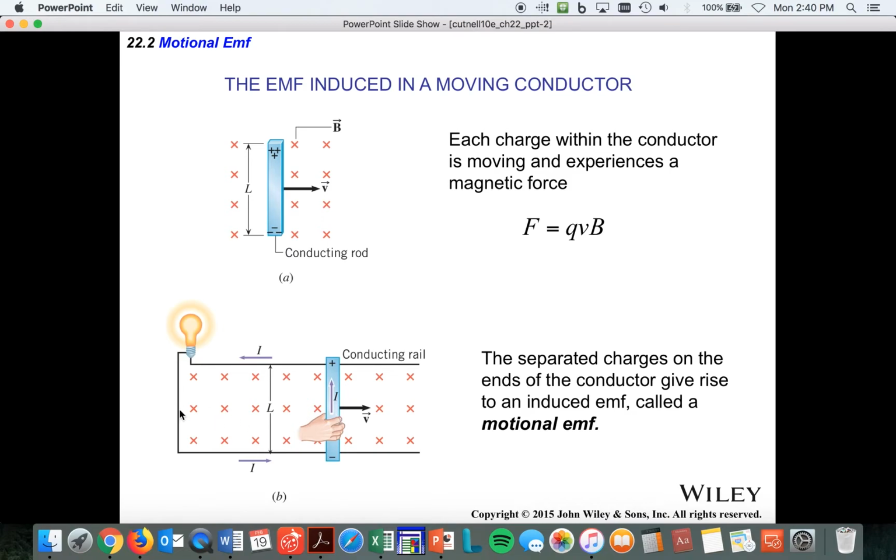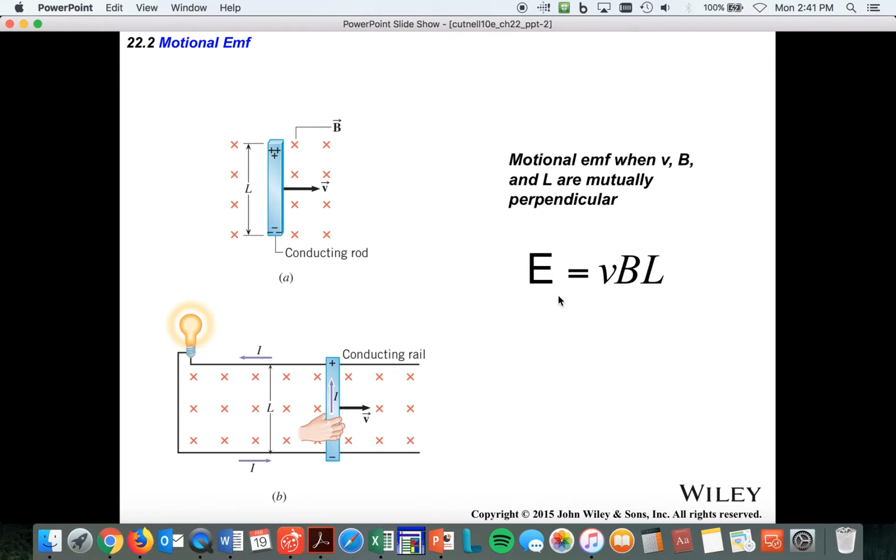If I have a length L here, then that area is changing. What's changing? The dx. What does dx equal? It equals the velocity times the time. And so I take that time to the other side, and I get q over t, so I get I, and so vBL, the motional EMF.